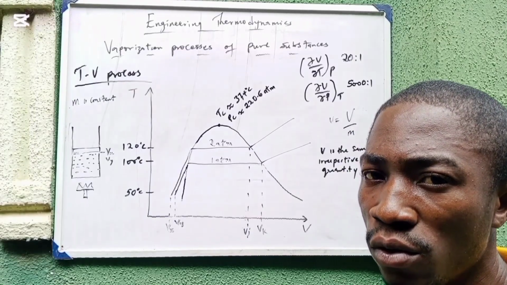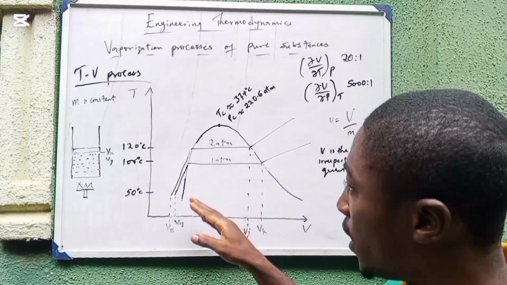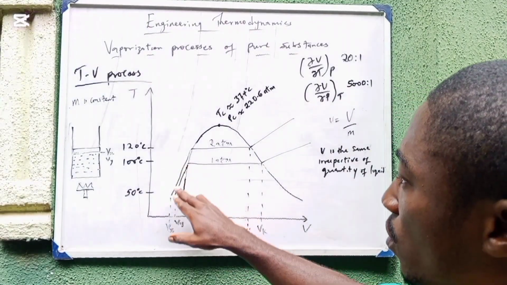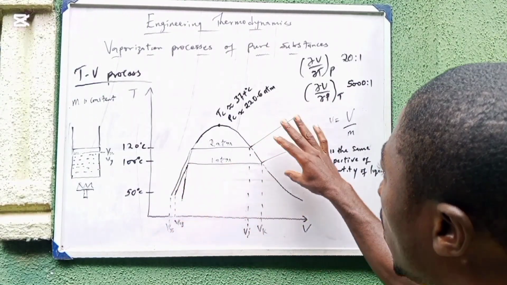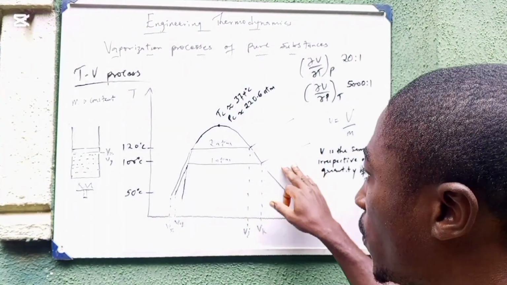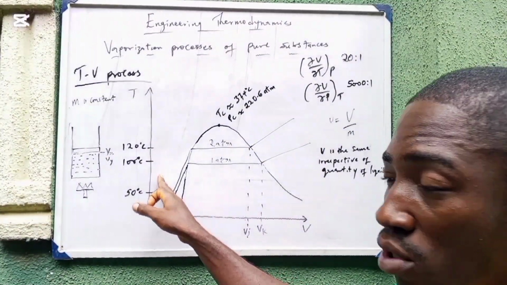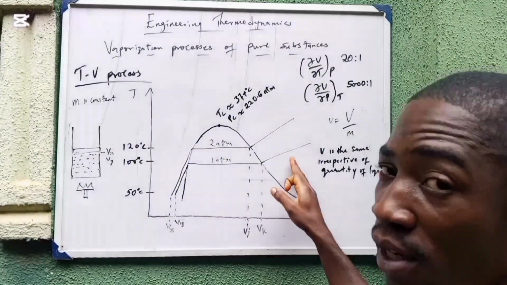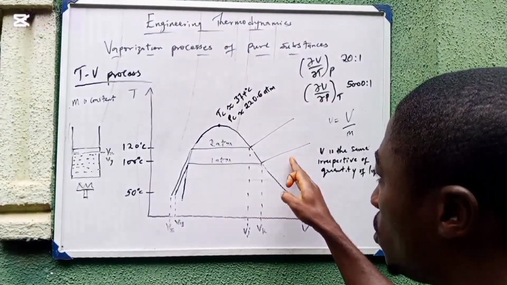Now I want you to take note of some things. Look at this. The slope of the lines here are not the same as the slope of the lines here. This is the compressed liquid region, whereas this is the superheated vapor region.